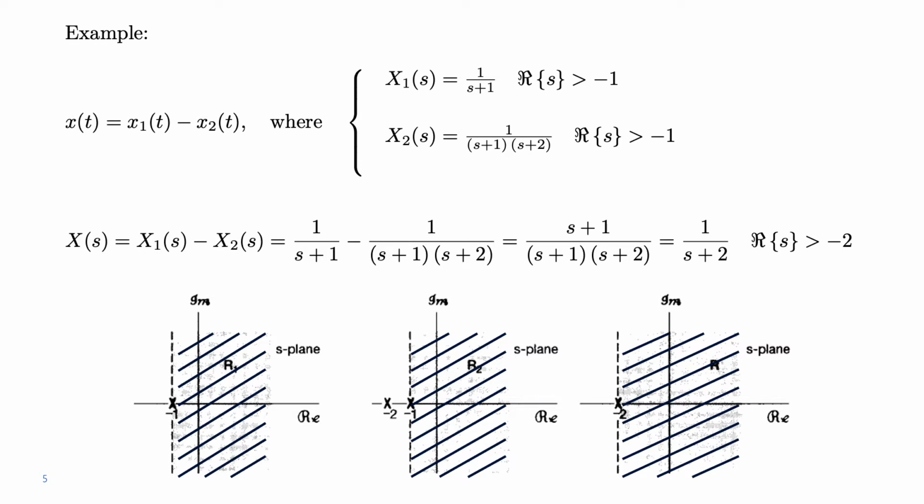It's a right half plane. However, in X of s, which is represented at the bottom right, because of the cancellation of the pole in minus 1, there's only one pole left in minus 2. For this reason, the region of convergence is real part of s larger than minus 2. So it is not simply the intersection of those two, but it is actually larger.